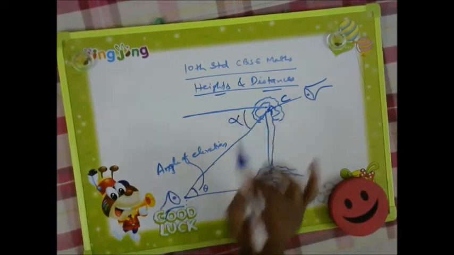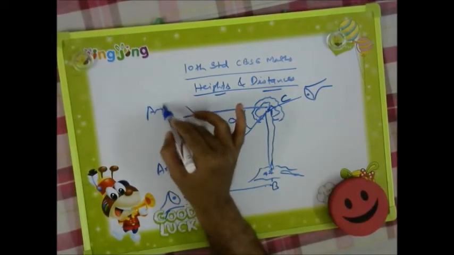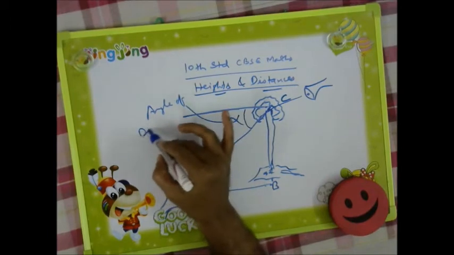Suppose this angle is alpha, then this angle will be called angle of depression.